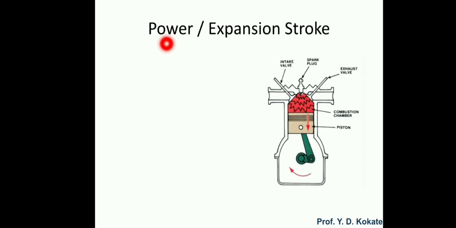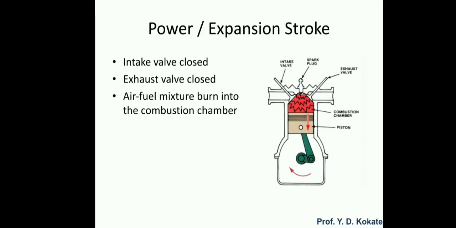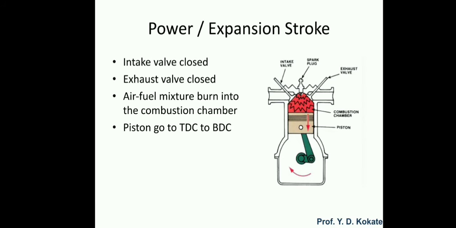That's why this stroke is known as the power or expansion stroke. Within this stroke, both the valves are closed and the piston moves from top dead center to bottom dead center.